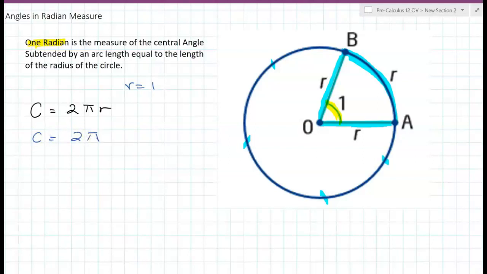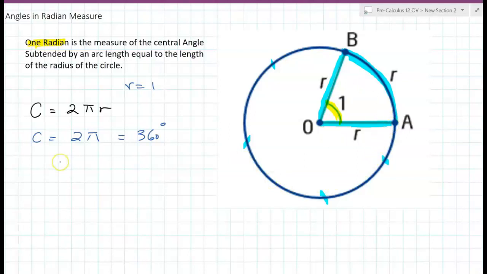That means the arc length will be 2 pi, and we know that in terms of degrees, the total angle in a circle is 360 degrees. That's a full revolution going from A all the way back again to A. That would be 360 degrees.